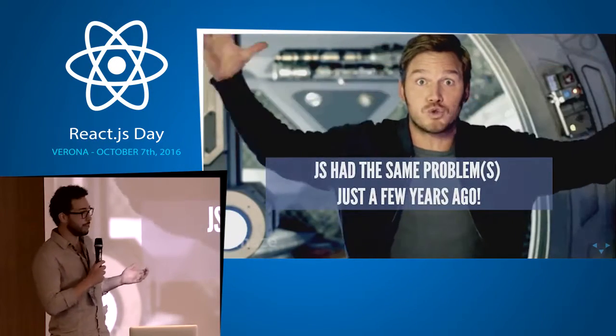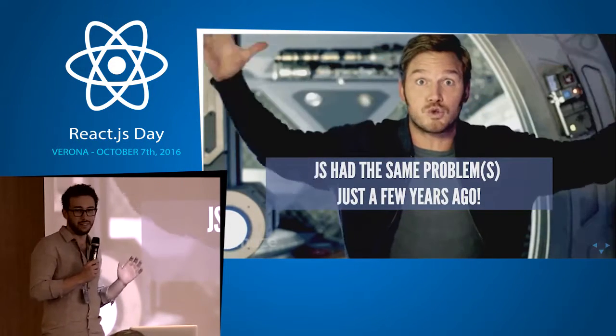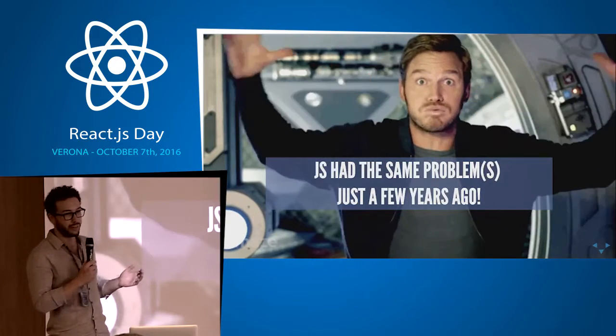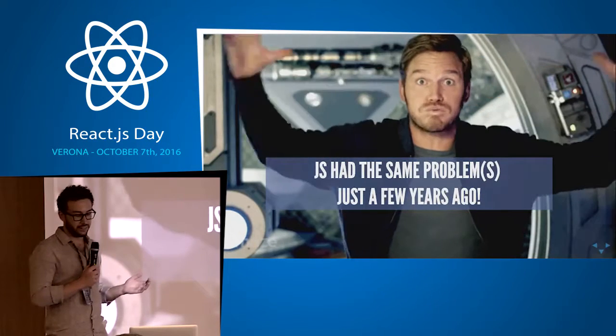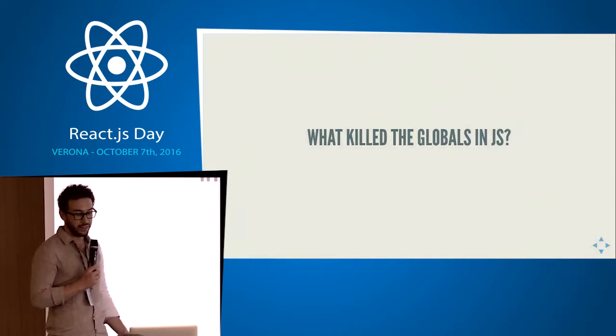JS had the same problems a few years ago, right? When you think back to JS development 10 years ago, jQuery and stuff, everything was global. You added a third-party library, everything broke, because everything was global there too. But today, this problem is mostly solved in JavaScript, right? So what killed the globals in JavaScript?